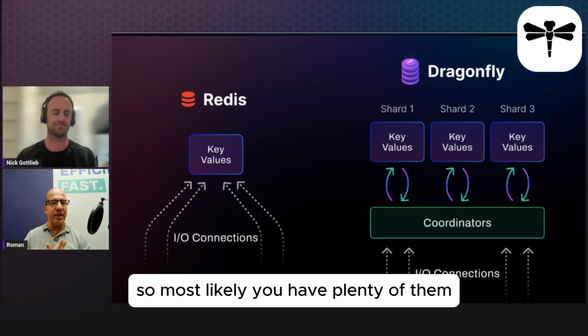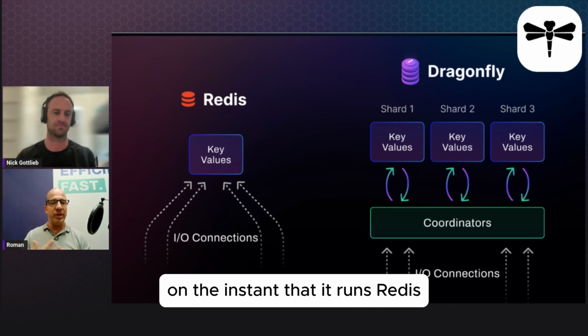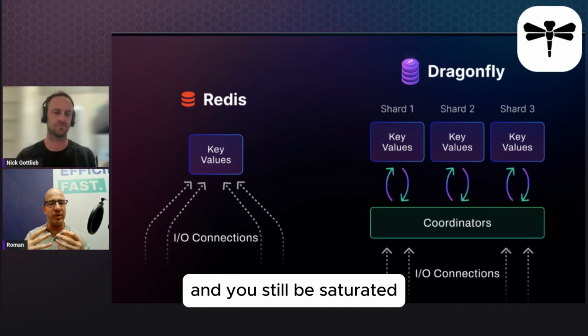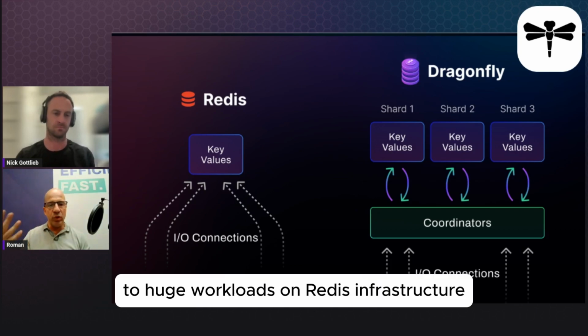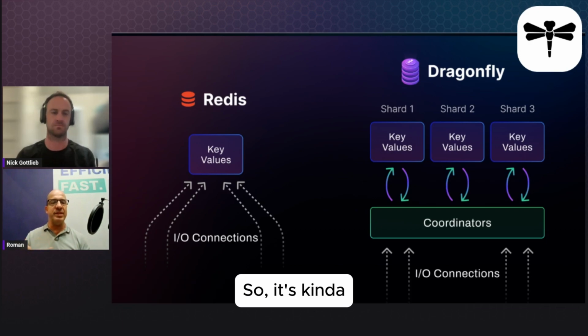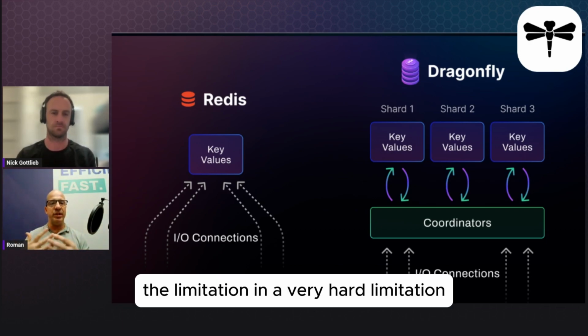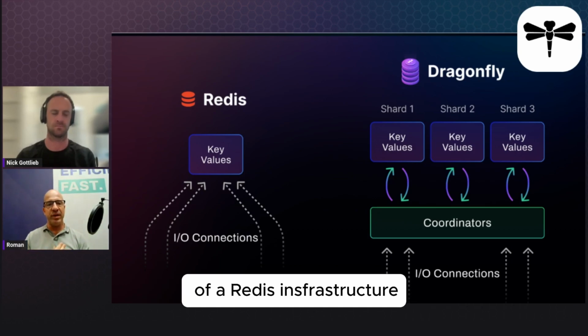So most likely you have plenty of them on the instance that runs Redis, and you are still saturated and possibly have performance problems when running medium to large to huge workloads on Redis infrastructure. So that's a very hard limitation of Redis infrastructure.